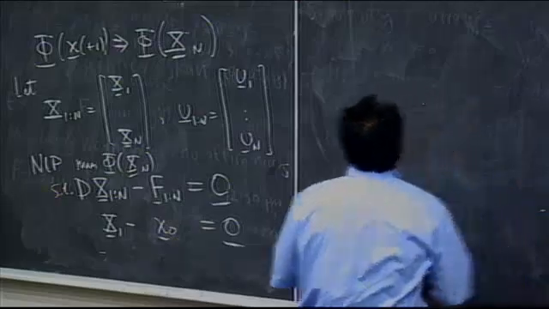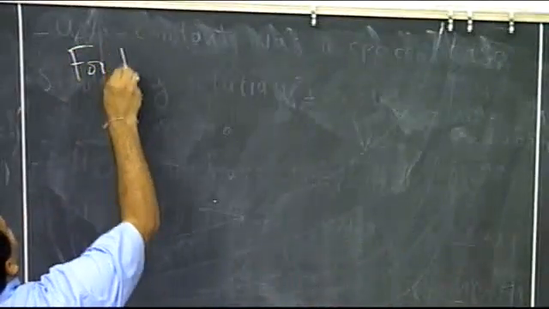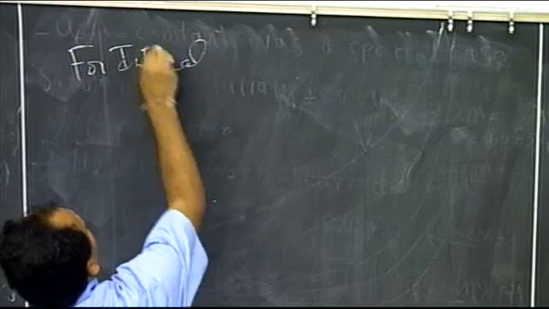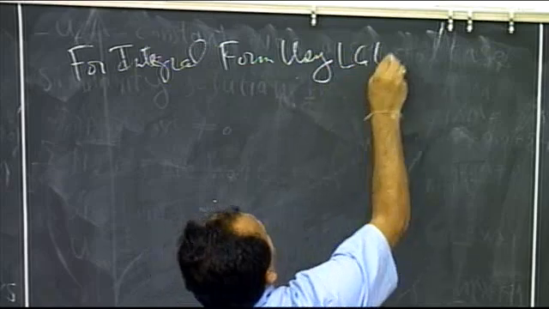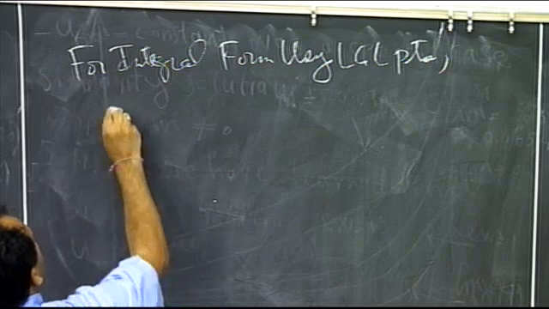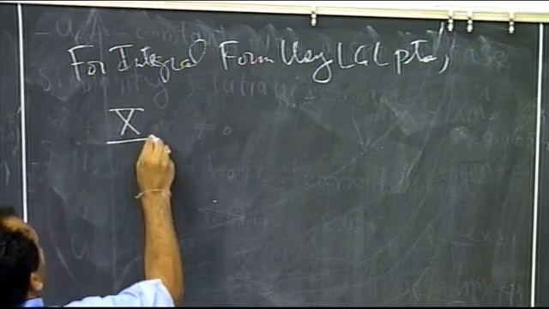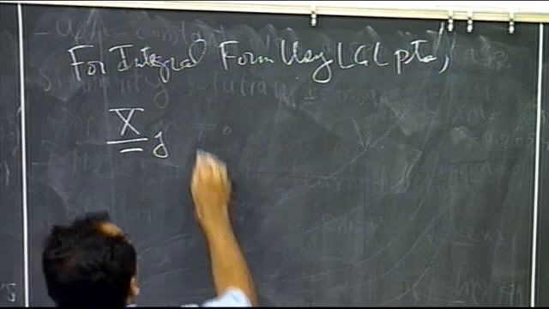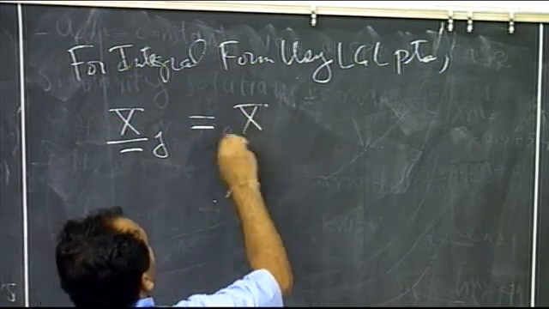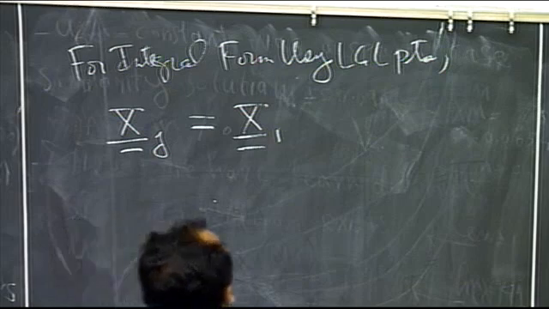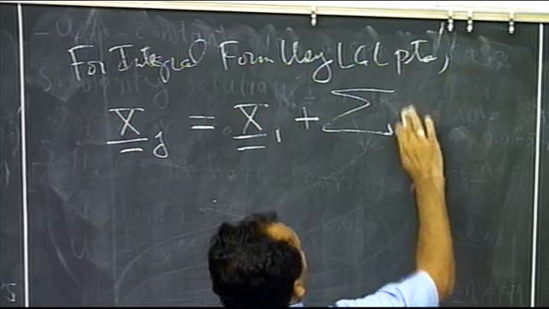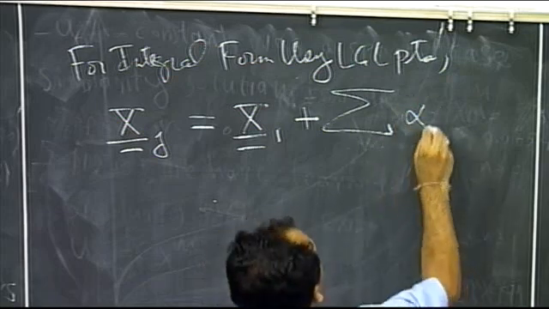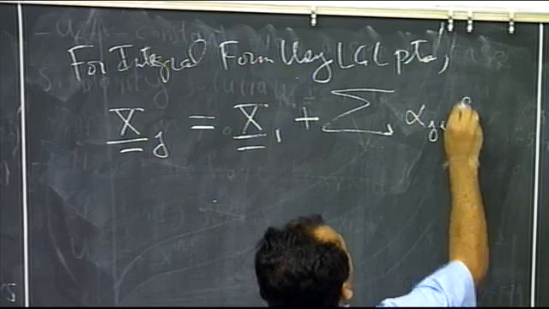So for an integral form using LGL points, we'd need the following: the state approximation at any one of these points has to equal the initial value, x1, plus some quadrature approximation, which I'll call alpha ji times fi.